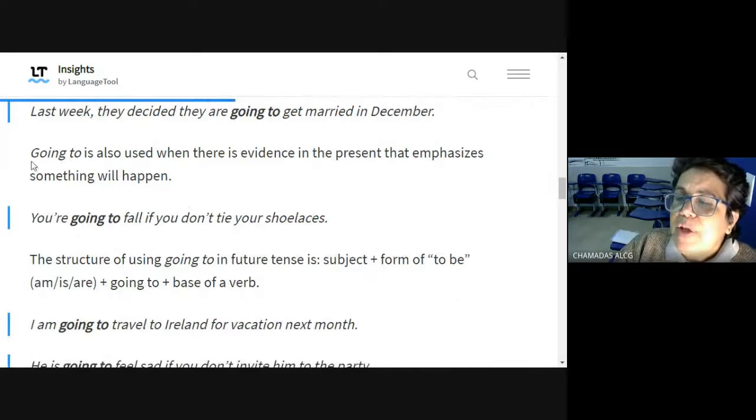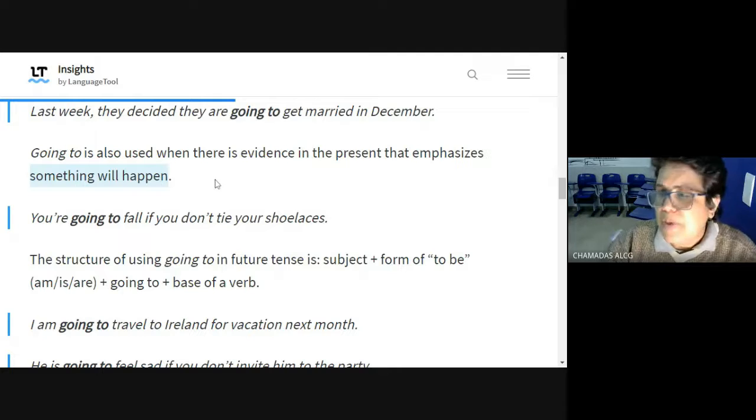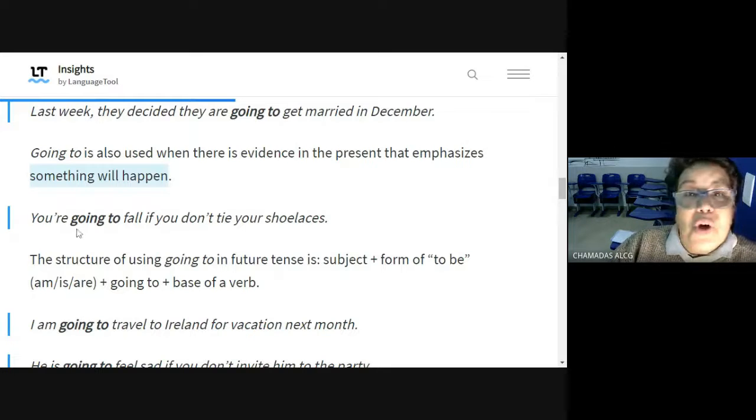Also, going to is used when there is evidence in the present that emphasizes something will happen. Example, you're going to fall if you don't tie your shoelaces. So it's obvious that you will trip and fall.